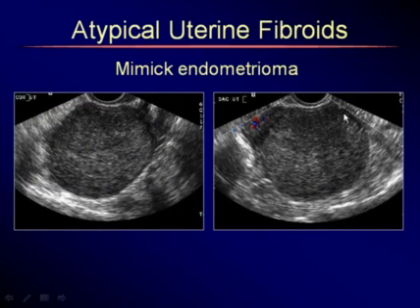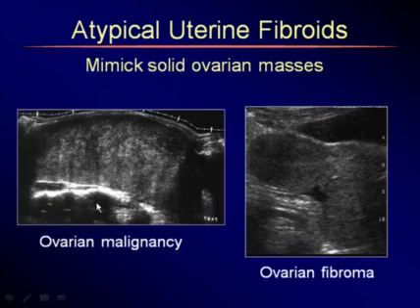They can even mimic an endometrioma. This was a pedunculated myoma. It had vessels feeding it, but it was so homogeneous that it looked like an endometrioma. Here, this was a huge mass extending up to the xiphoid, and everybody thought it was going to be a large ovarian solid mass. Turned out to be a large pedunculated myoma.